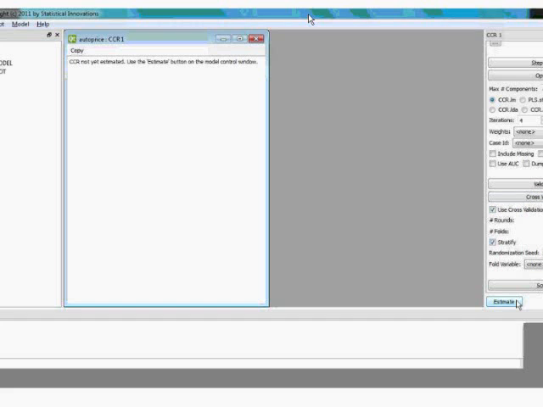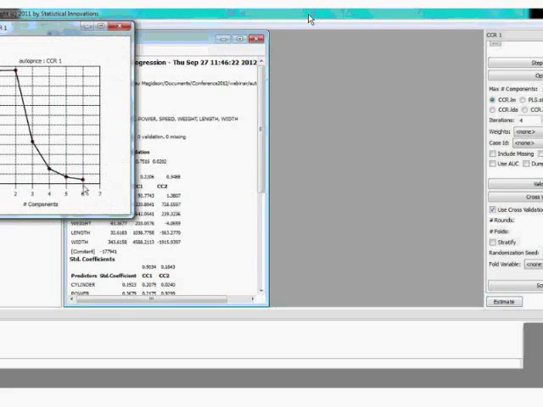Now we say estimate. And what we see here is that with 6 components, this is the least squares solution. That's where I got my CVR squared of 0.63. Now we start imposing regularization. We see that the 5-component model improves a little bit. 4-component improves further. 3-component improves further.